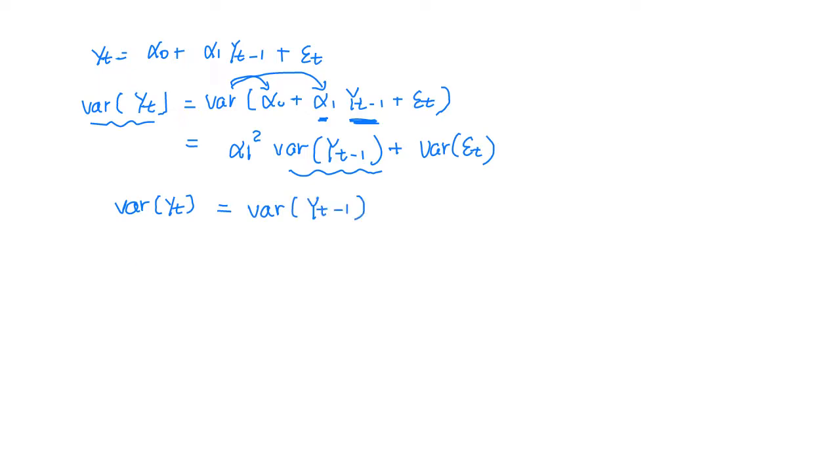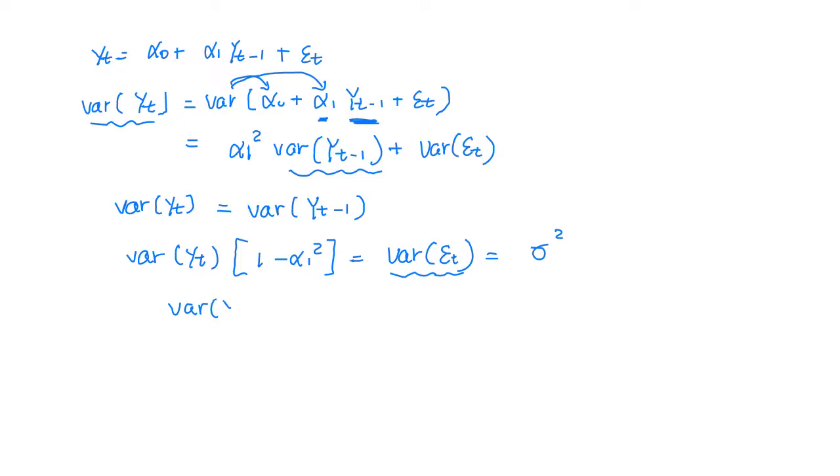So using this trick, we can have this, and the variance of epsilon is actually equal to sigma squared, right? So the variance of yt that we found is this. So this will be the variance of yt for the AR(1) process.